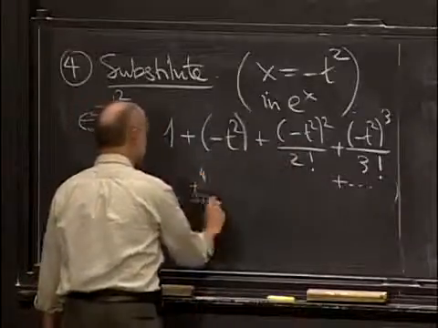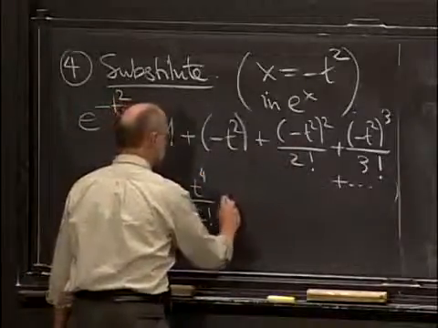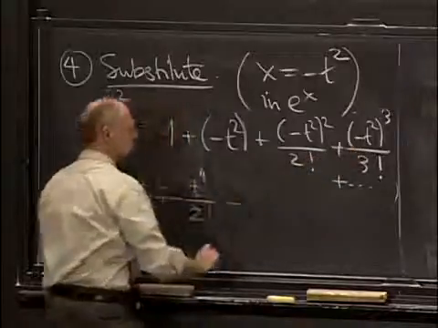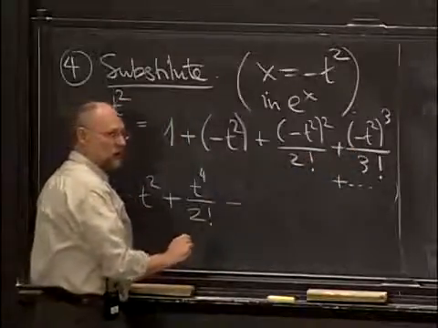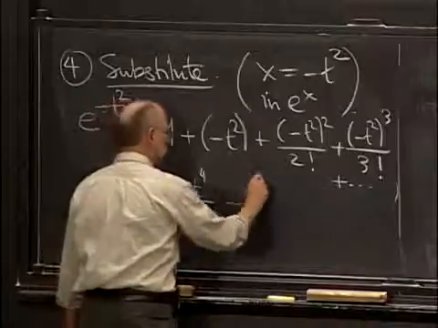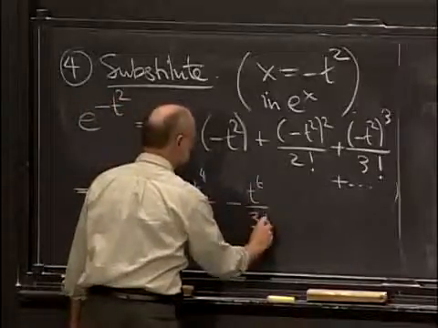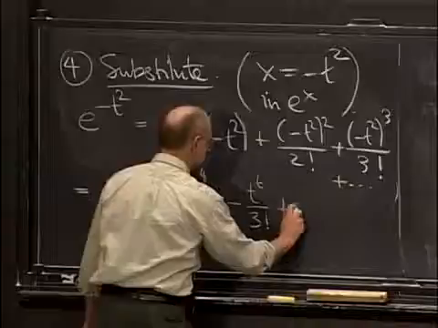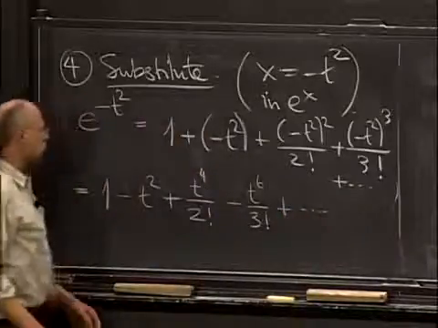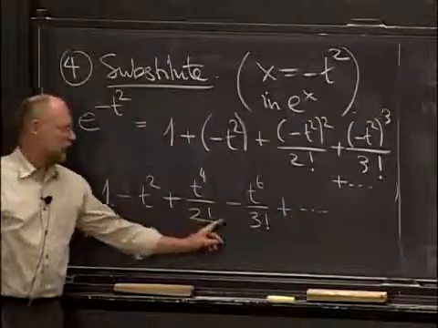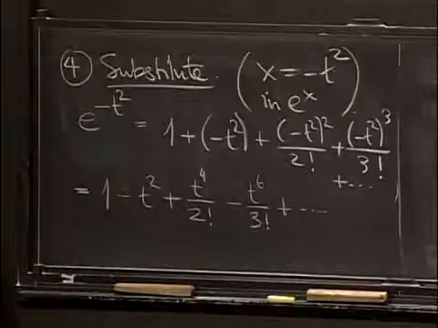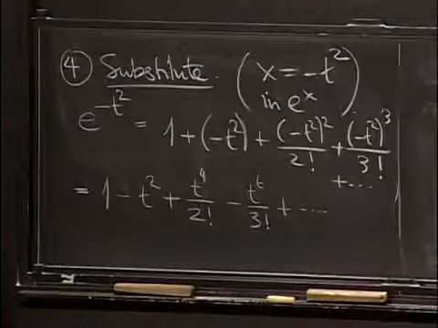So I get t to the fourth over 2 factorial. Then I get minus t quantity cubed, so there will be a minus sign and a t to the sixth, and the denominator is 3 factorial. So the signs are going to alternate, the powers are all even, and the denominators are these factorials. Okay?